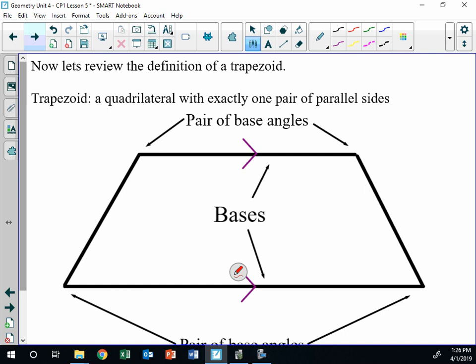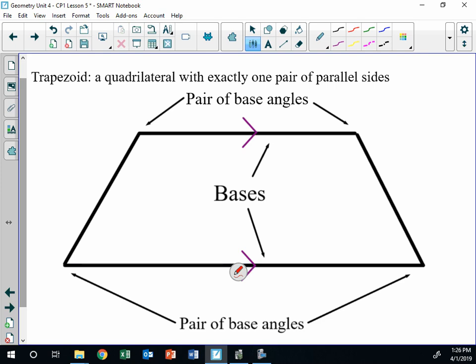Okay, looking at our next shape, we're going to be looking at the trapezoid. Talking about the names and pieces of a trapezoid. A trapezoid is made up of two parallel sides. The parallel sides are called the bases. And then we have base angles both at the top, and we don't know if these angles are equal.